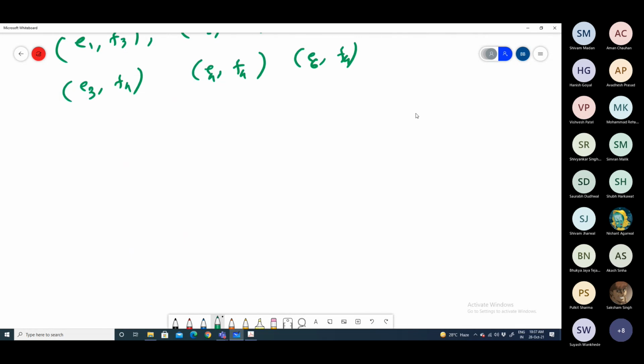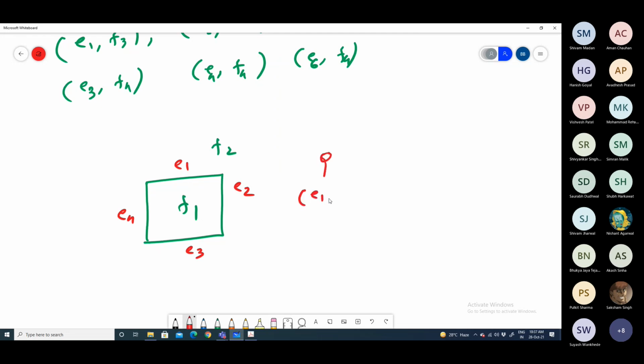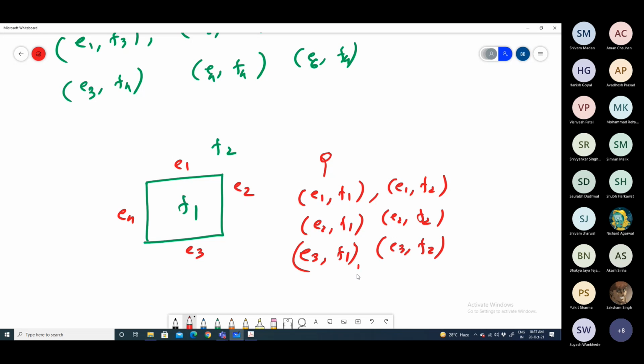For an example, if you look at this figure, this is F1 and this is F2, and you have E1, E2, E3, E4. Now, if you count this one: E1, F1, E1, F2, E2, F1, E2, F2, E3, F1, E3, F2, E4, F1, E4, F2.